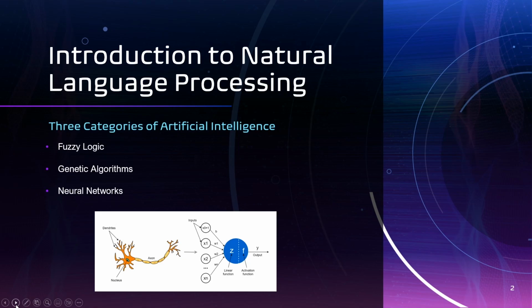Neural networks are extremely complicated, and the actual inner workings of neural networks are a topic for maybe an entire series of lectures, not just a tech talk. But when it comes to the basics of it, neural networks are based on the actual neurons in the brain.